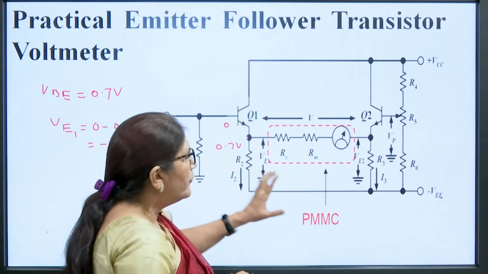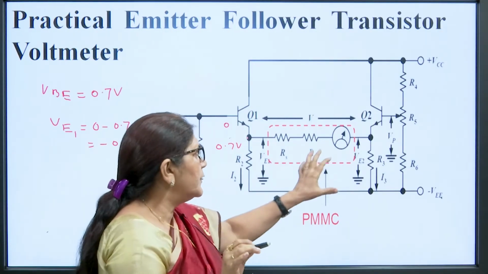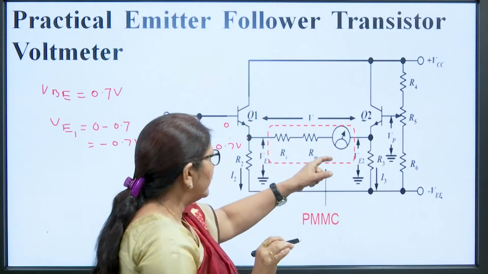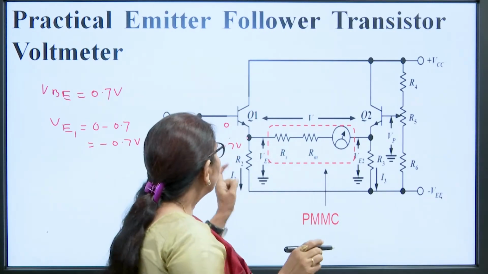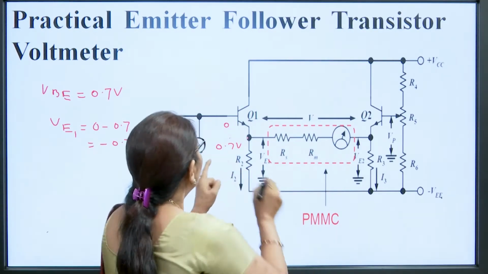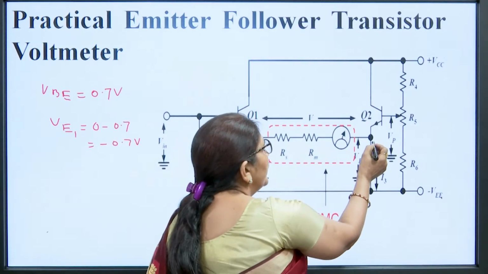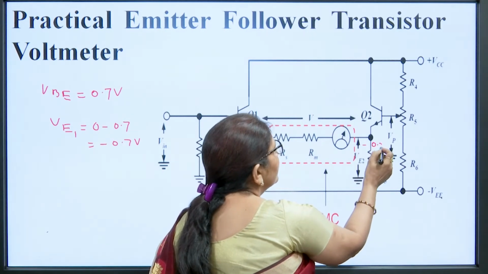Now the meter will not display any value, it means the meter will show 0. The meter will show 0 when the voltage drop across this point and this point is equal. So, VE1 is minus 0.7 volt, and the potential at this point should be minus 0.7 volt.